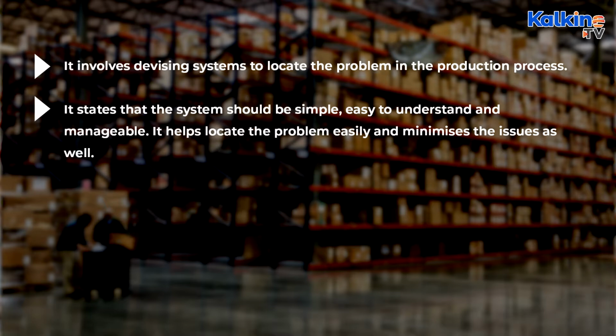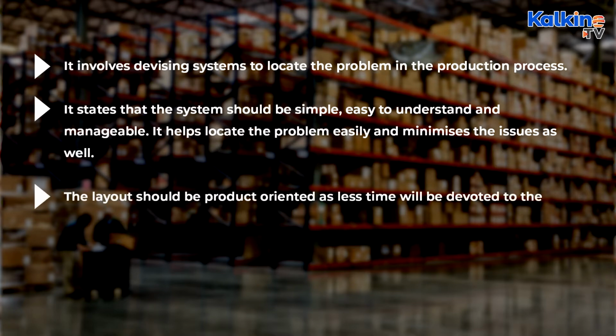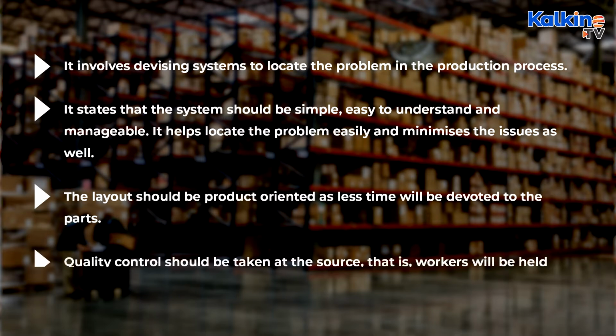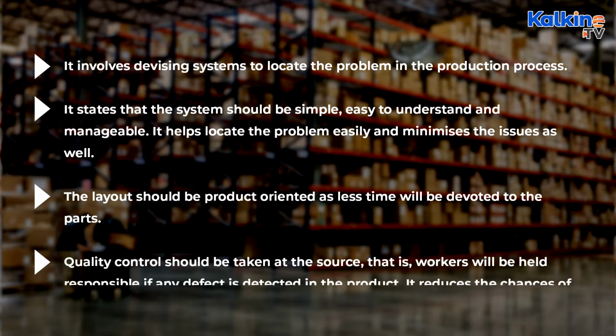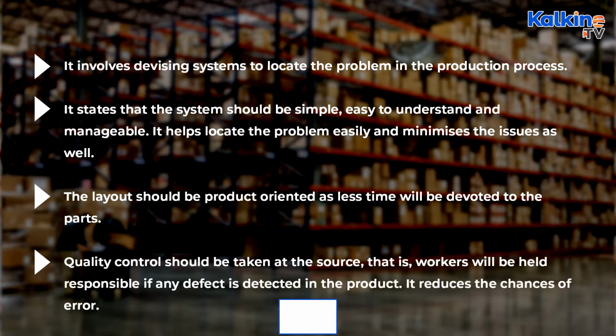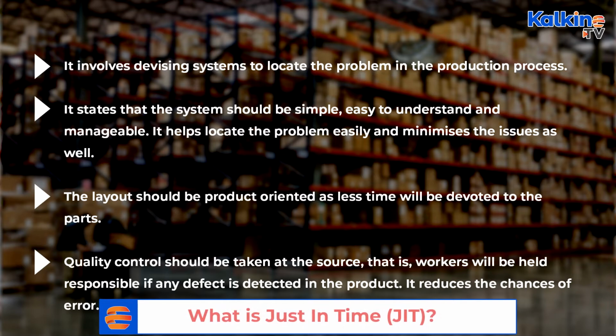It helps locate the problem easily and minimises the issues as well. The layout should be product-oriented, as well as less time will be devoted to the parts. And quality control should be taken at the source, and that is, workers will be held responsible if any defect is detected in the product. It reduces the chances of error.